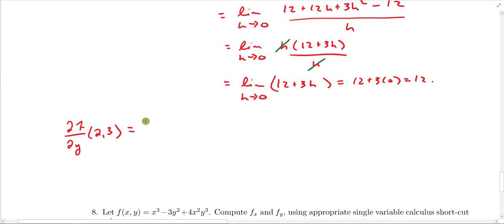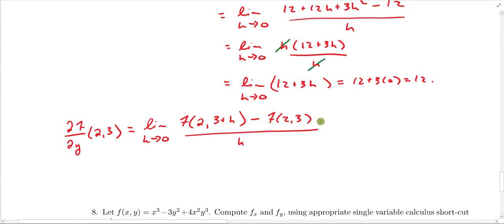So that's equal to the limit as h approaches 0 of f of, careful, 2, now we add the plus h to the y coordinate, because we're taking the partial derivative with respect to y, minus f of 2, 3, all over h. And continuing, we get the limit as h approaches 0. So let's see here. Plugging that into the function, we'd have 2 squared times (3 plus h) minus 2 squared times 3 all over h.